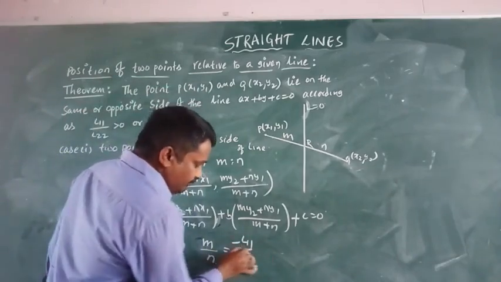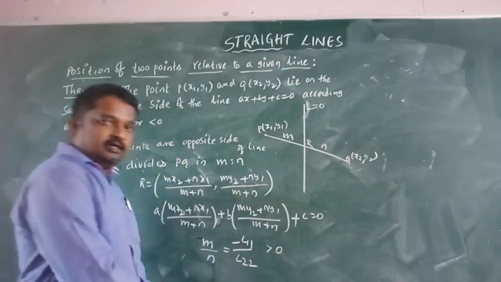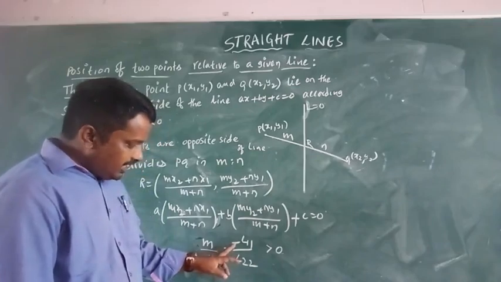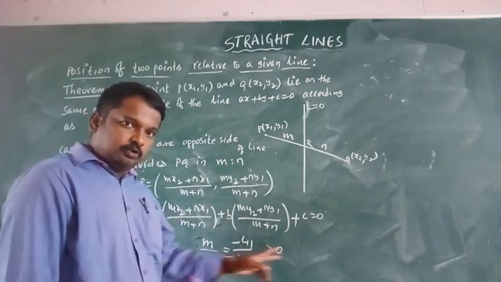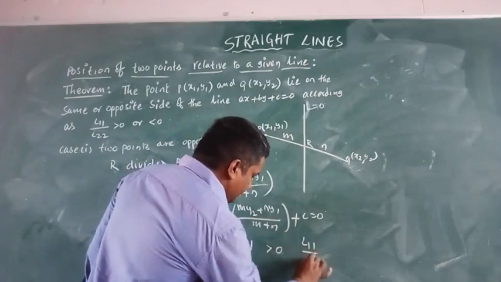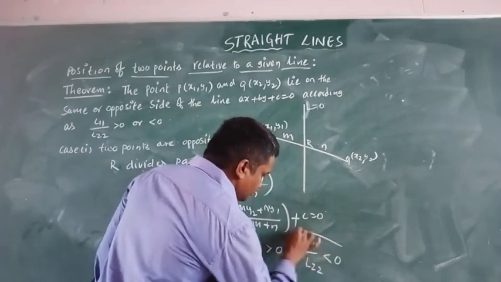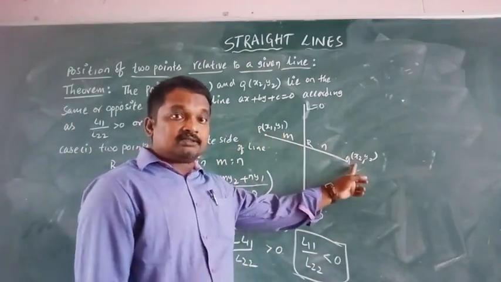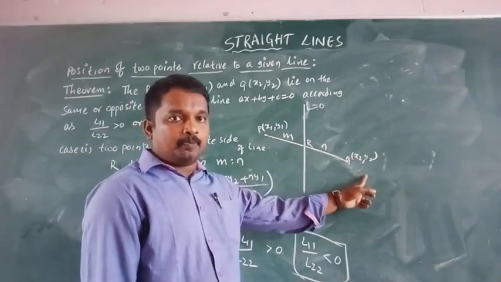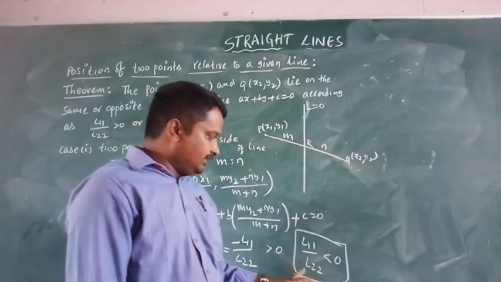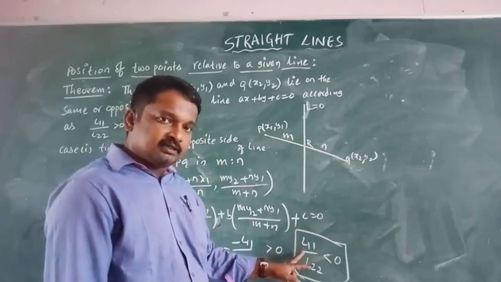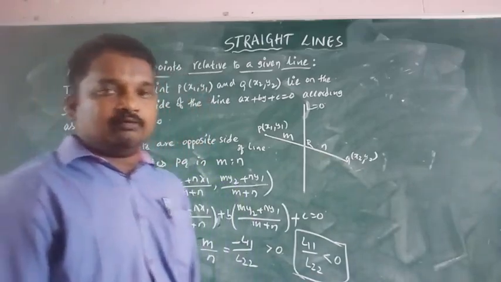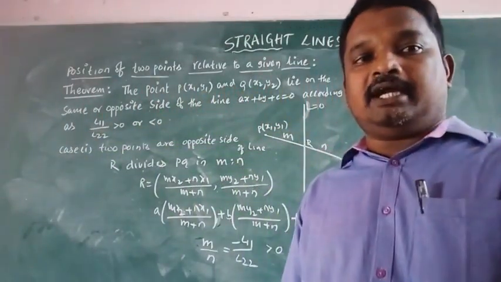So we may write minus L11 by L22 is greater than 0. So minus value greater than 0 means L11 by L22 less than 0. So this is the condition for the 2 points lying on opposite sides of the line. That is, the condition is L11 by L22 less than 0.